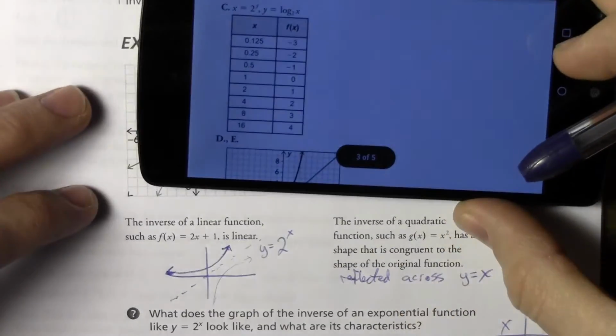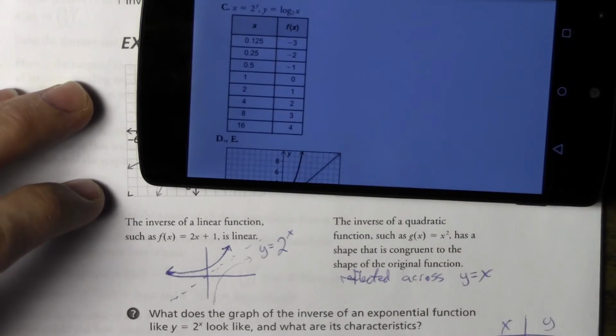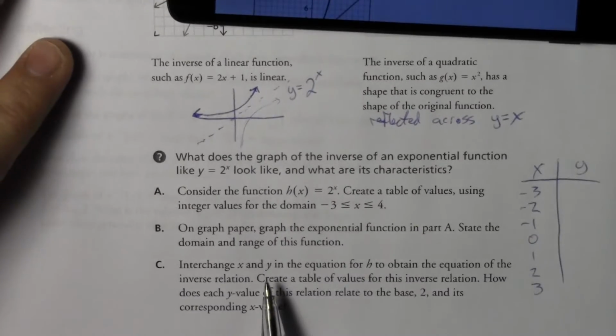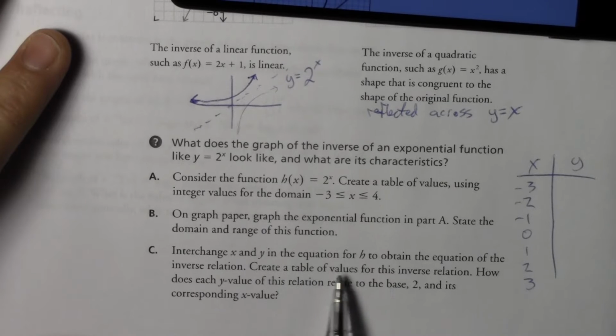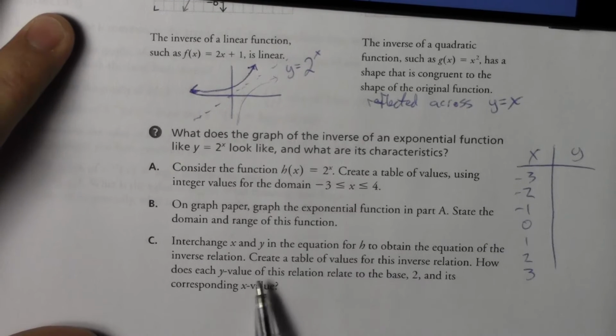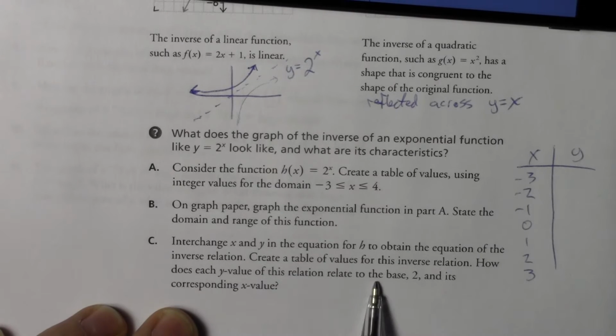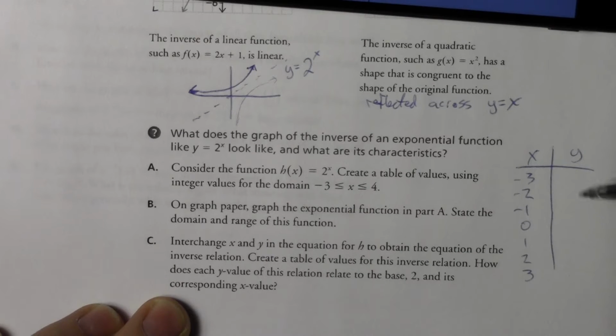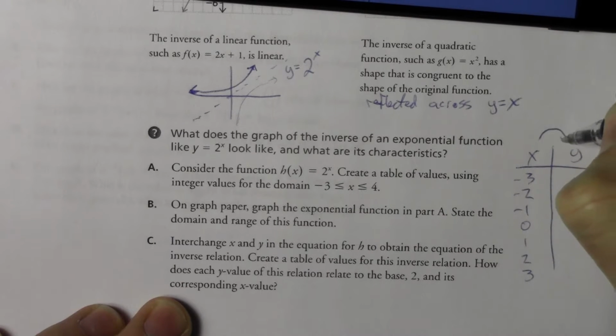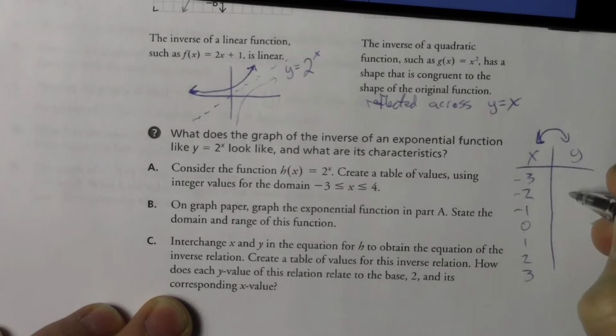Okay, so the next step says interchange x and y in the equation for h to obtain the equation of the inverse relation. State a table of values for the inverse relation. How does each y value of this relation relate to the base 2 and its corresponding x value? Just like we did earlier in this textbook, when we do the inverse, we just change these values.